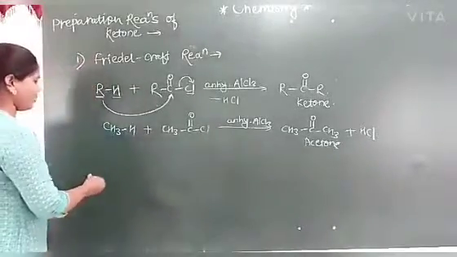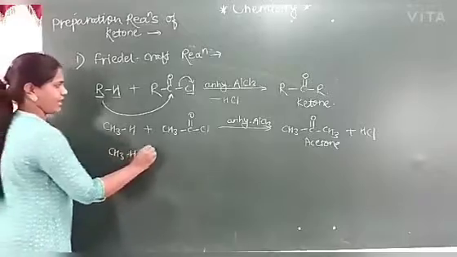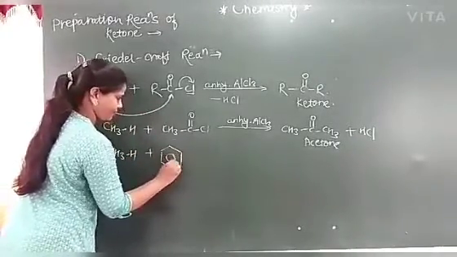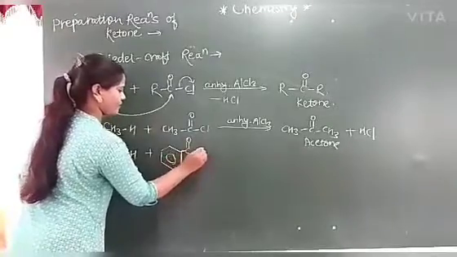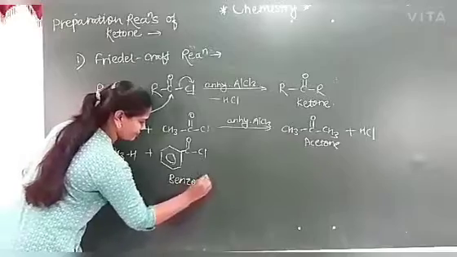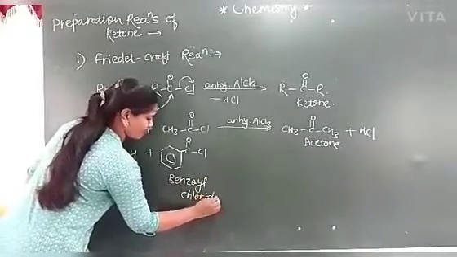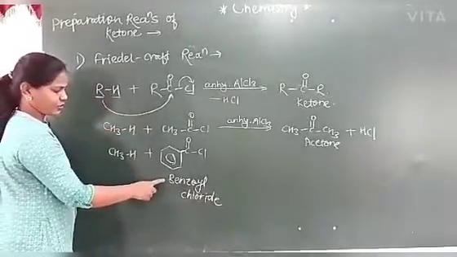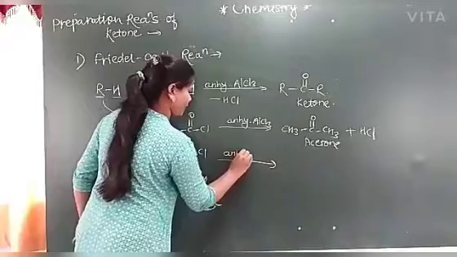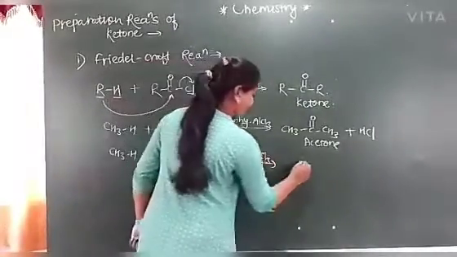Let's see the aromatic ketone. Suppose this one I will keep as it is, and here this R I will replace by the benzene ring. This is what? Benzoyl chloride. When the methane reacts with benzoyl chloride in presence of anhydrous aluminum chloride, it forms acetophenone.